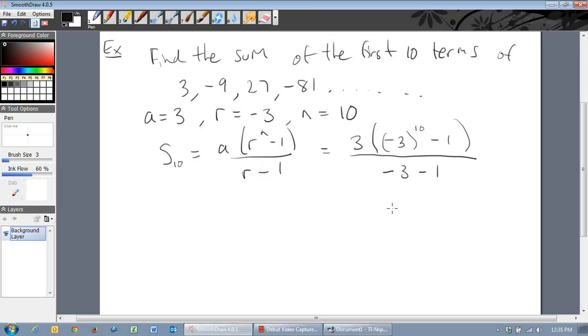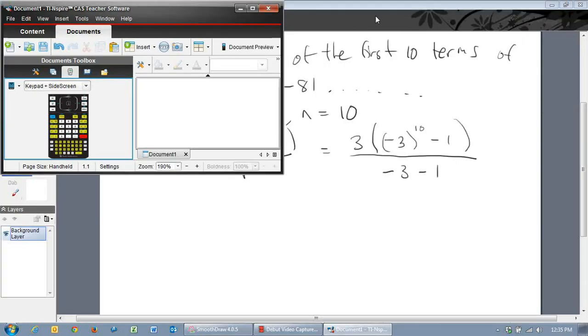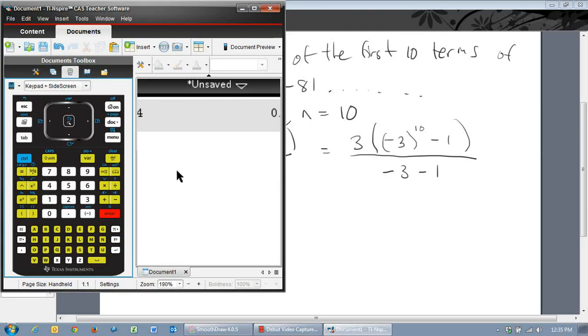Okay, pump that into your calculator. We might need to flip back a couple of times to do that. Sorry for messing around a little bit here.